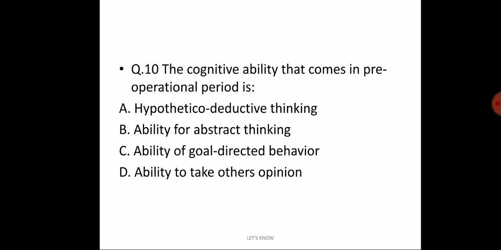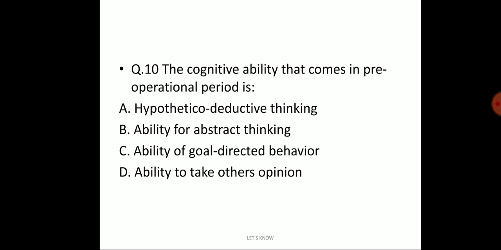First option: hypothetical means imaginary thinking, and deductive means logical thinking, so imaginary logical thinking, hypothetical deductive thinking. B is ability for abstract thinking. These are characteristics of the formal operational period. Our question asks about the characteristics and ability of a child at the pre-operational stage. So A and B are not our right answer.